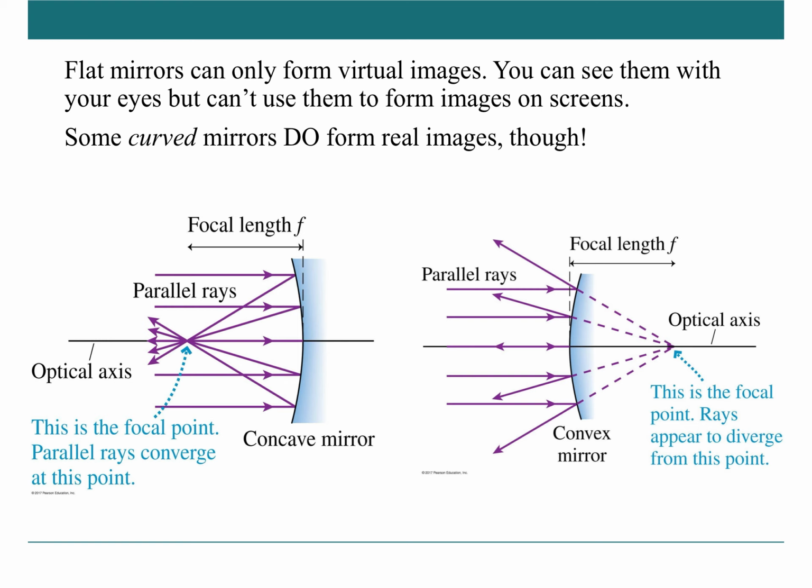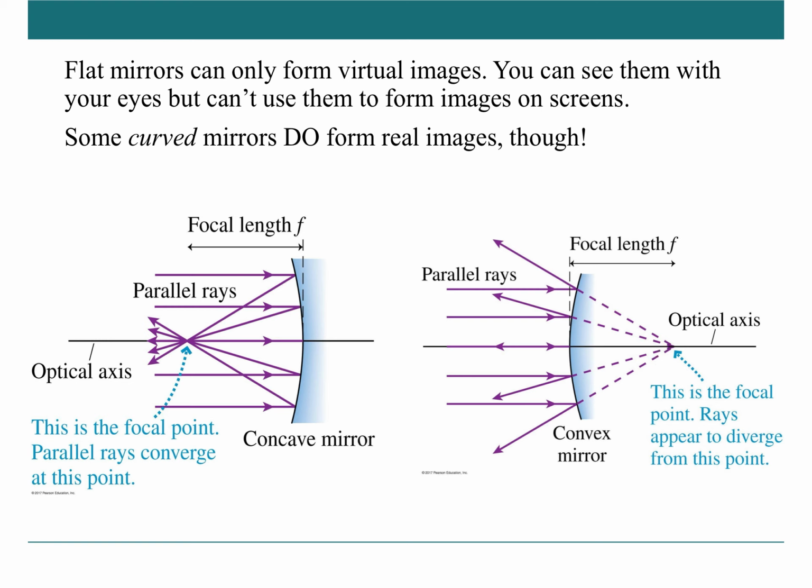The focal point for a concave mirror will be located on the same side of that mirror as an object that's being imaged, while the focal point for a convex mirror will be located on the opposite side of the mirror from the object that's to be imaged.